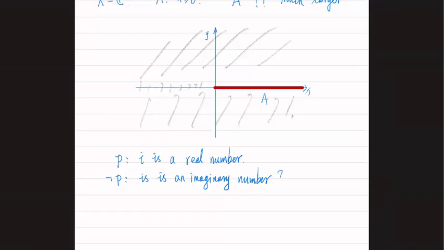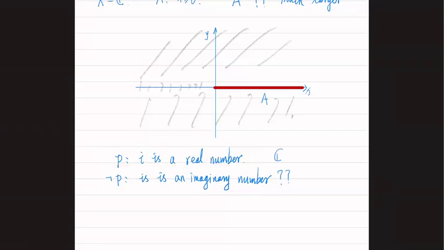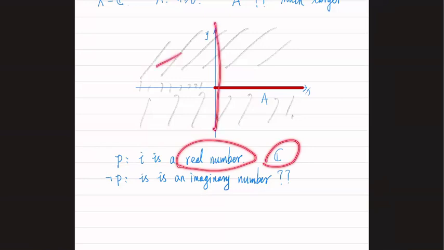So this is questionable because normally if we use this proposition, we would be talking about the complex numbers. The complement of real numbers over there is not just imaginary. It's the whole complement of this.